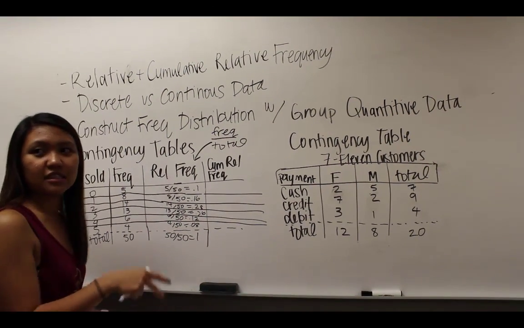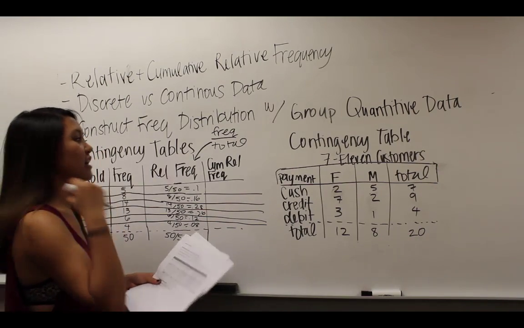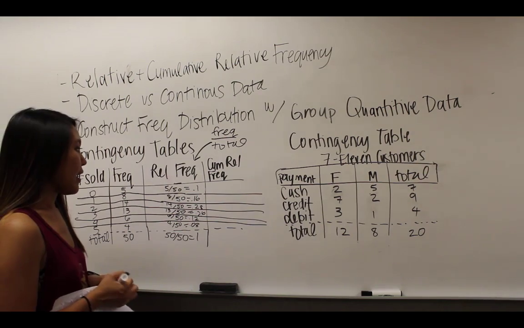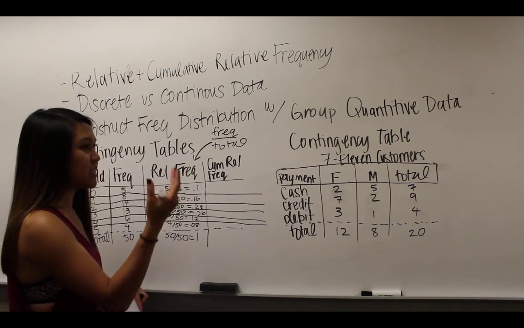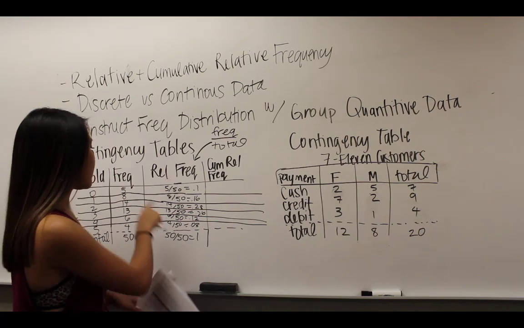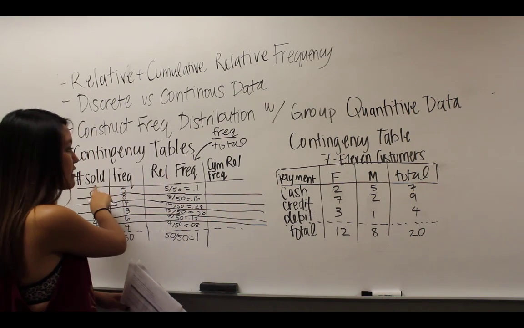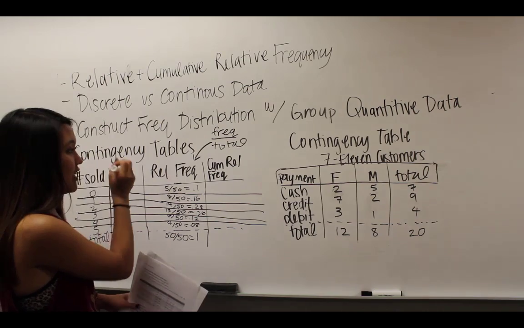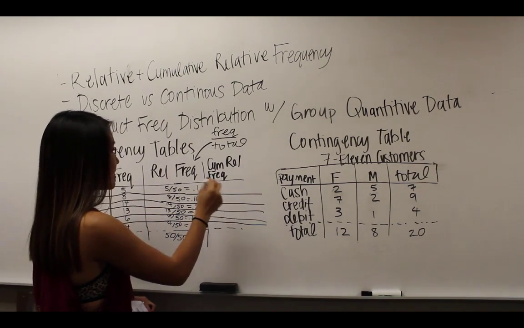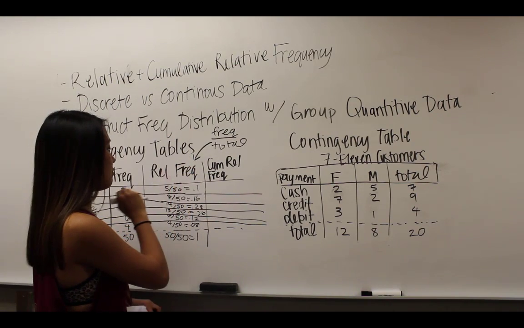So that brings us into our next concept, which is cumulative relative frequency. How that works is when something is cumulative, it is added on and added on and added on. So the first row is the frequency of someone buying 0 of something. Since 0 is the top number, it's just going to be that frequency.